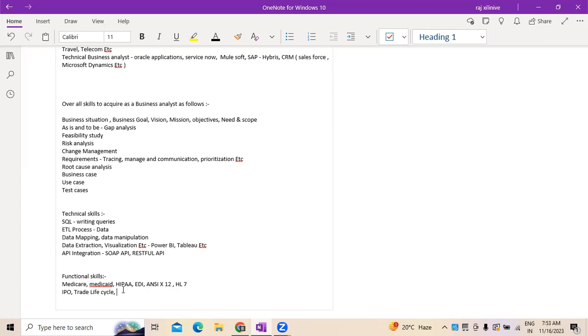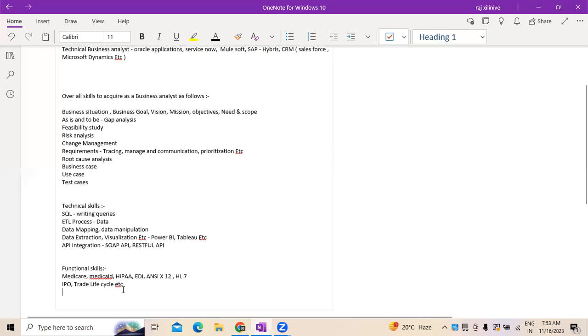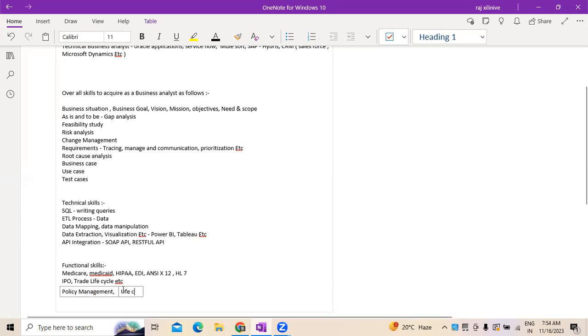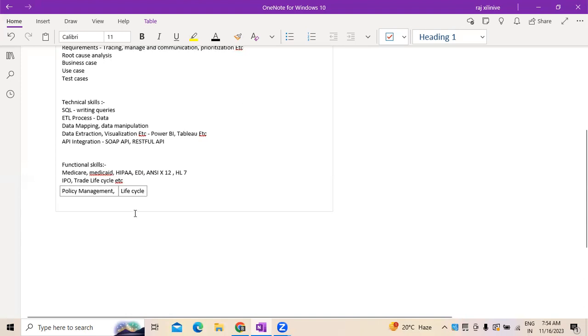At the same time, if you are from insurance, policy management or policy life cycle. So this sort of knowledge is also one of the key elements if it is from the insurance side. This is where it is generally used for policy management and policy life cycle. So these sorts of functional skills are also required.